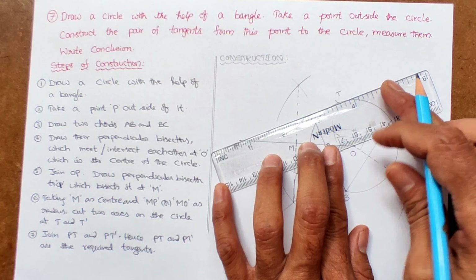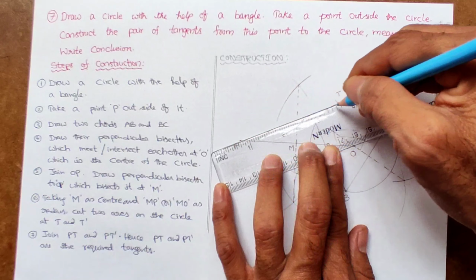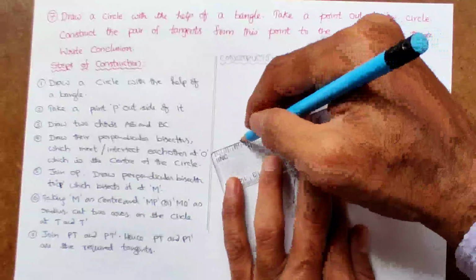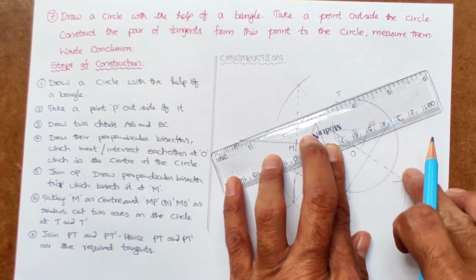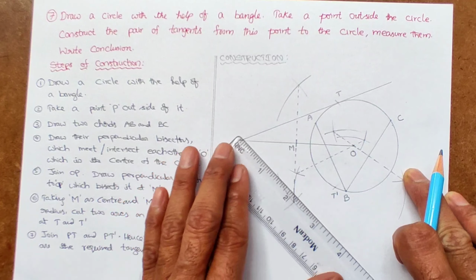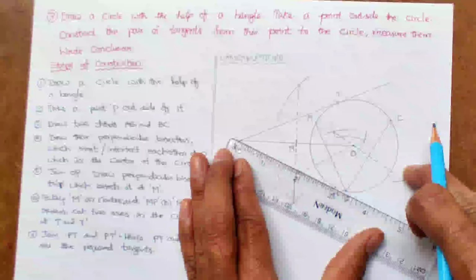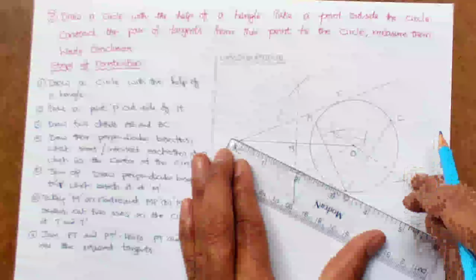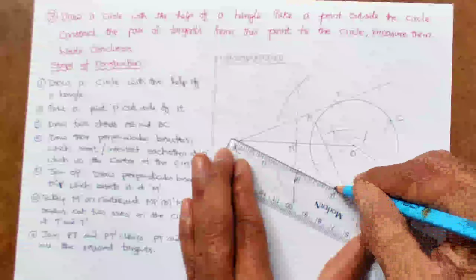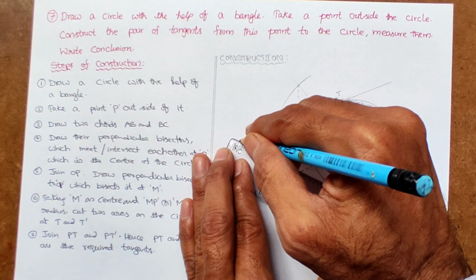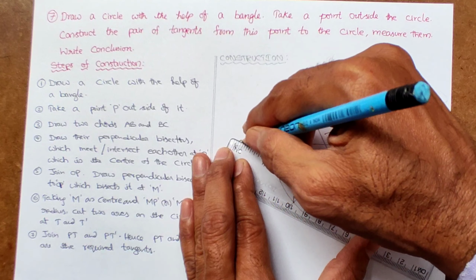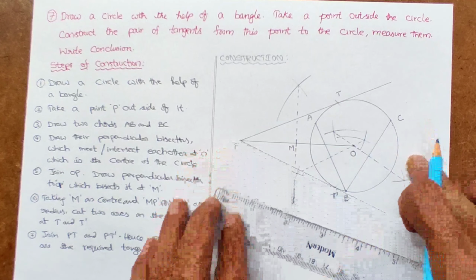So here P to T, join and extend it. Similarly PT dash also, this is T dash and this is P. So PT dash also join and extend.